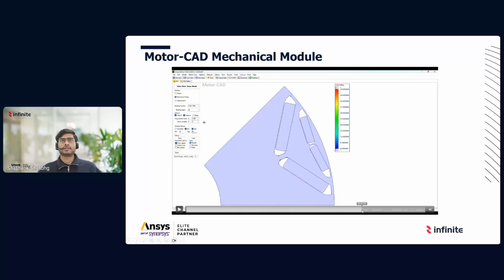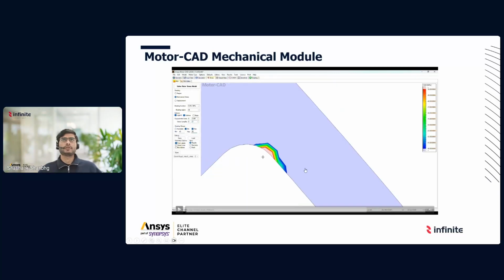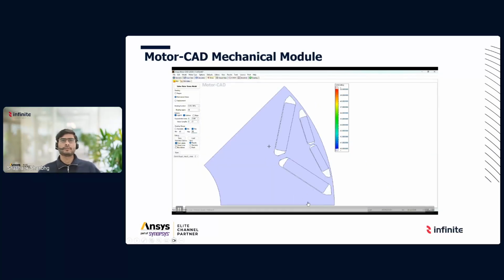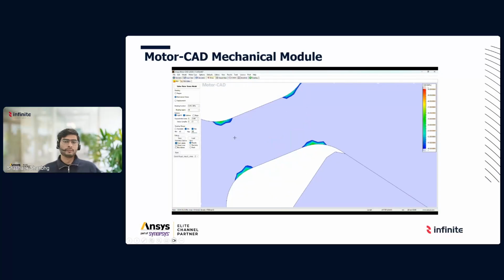Let's say you move on to particular regions and you can see where the stress is high, and you can make changes accordingly. The mechanical FEA assumes a 2D plane stress, and the stress in the axial direction is assumed to be 0 here. So that's what you need to know.